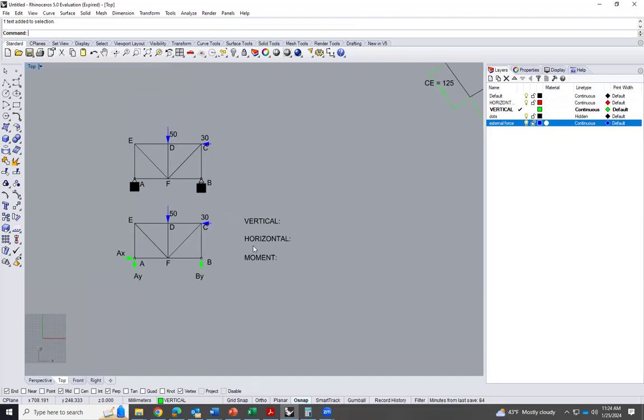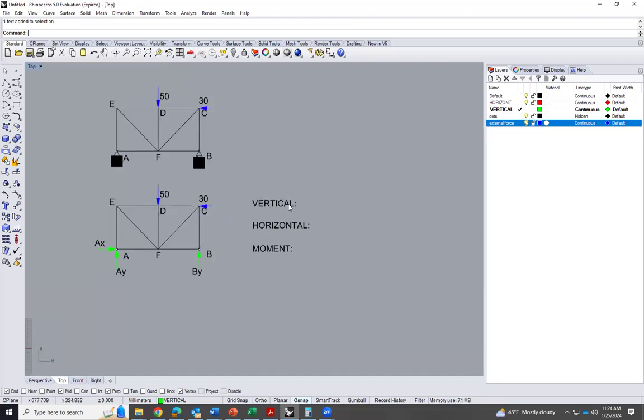set here. What is the vertical equilibrium? What is going up? AY plus BY, and this is going up, and what goes down? 50. So vertical equilibrium, we have AY plus BY equals 50. 50 goes down.